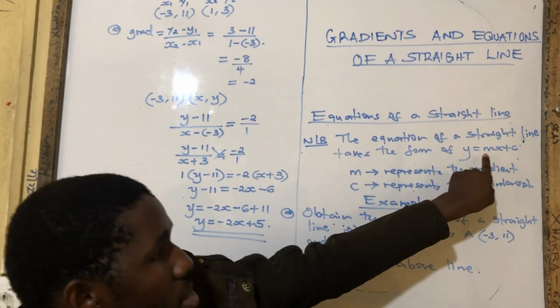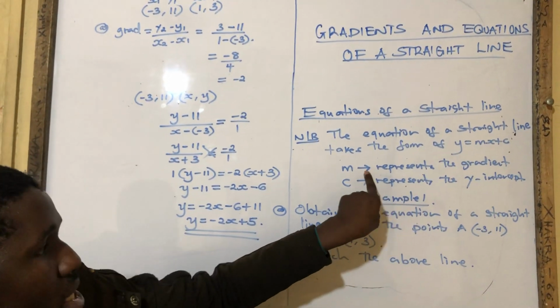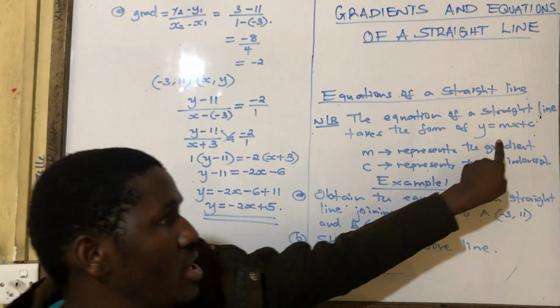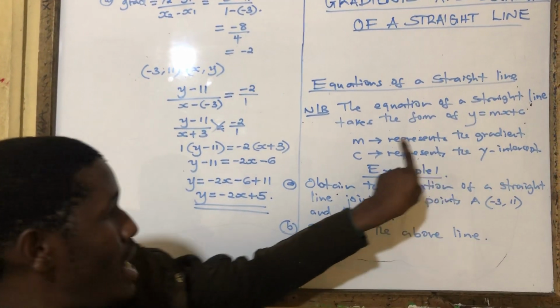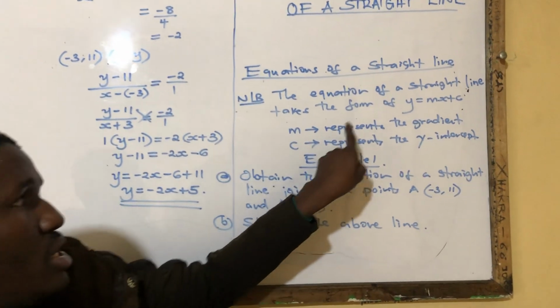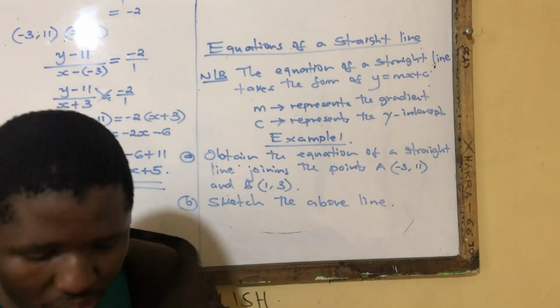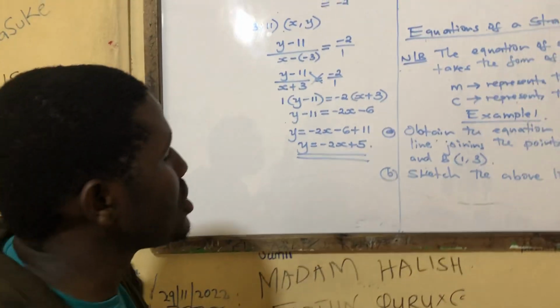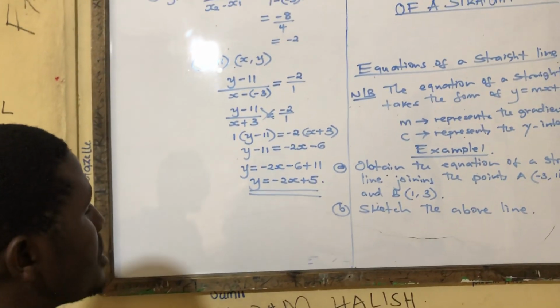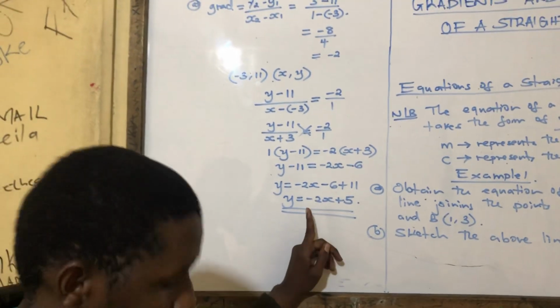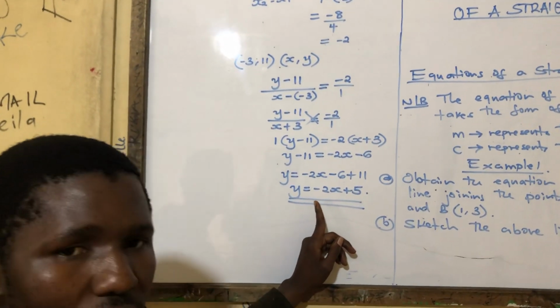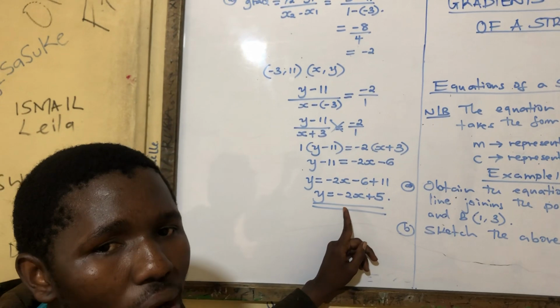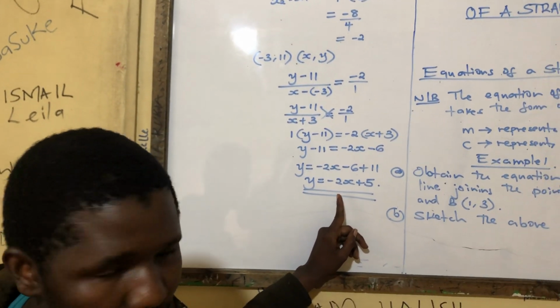We already agreed on that from the equation. We agreed that M will be representing the gradient, while C will be representing the y-intercept. So, in sketching the line, it is these two figures that will dictate how our line would be looking like.